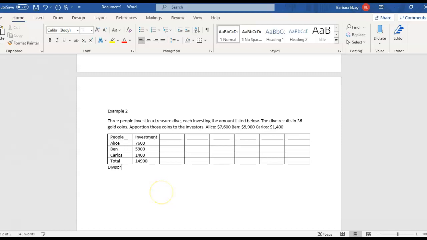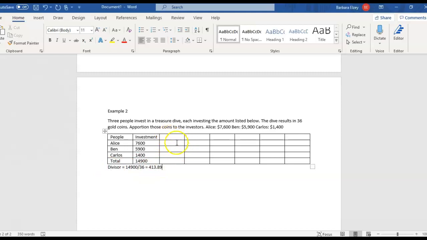So let's get our divisor. Our divisor is going to be our 14,900 in investments divided by the 36 coins. And that's 413.89. Now that's actually a repeating decimal, 8888888, and I just rounded to 89. Okay, so we've got our divisor.